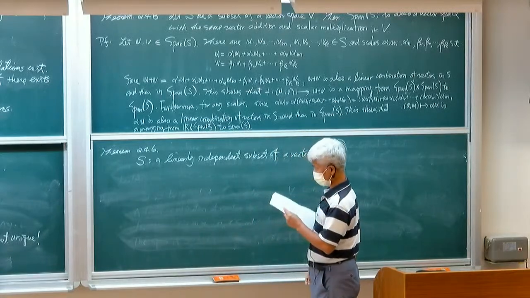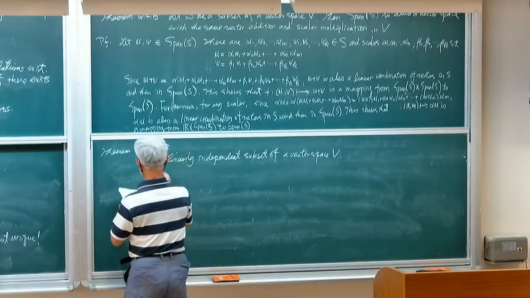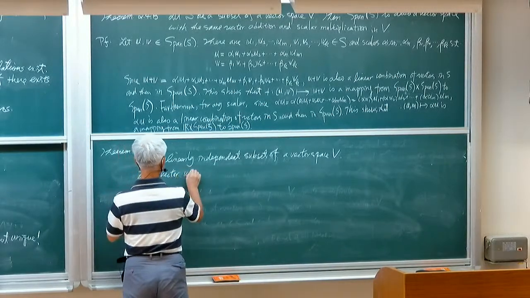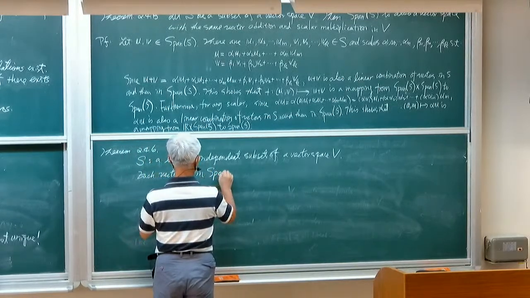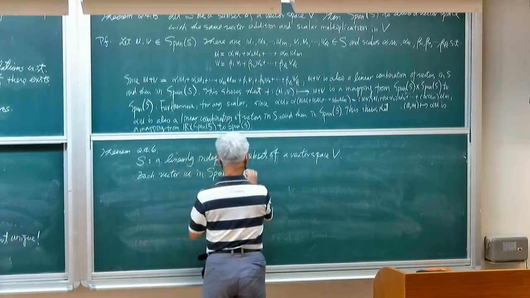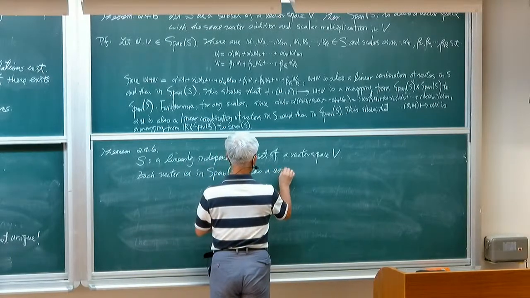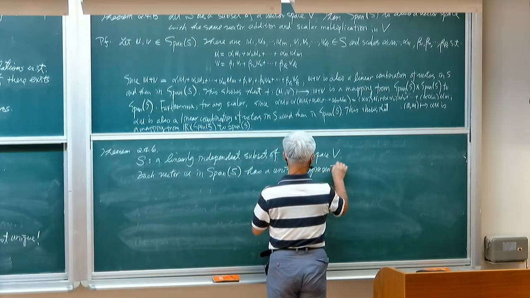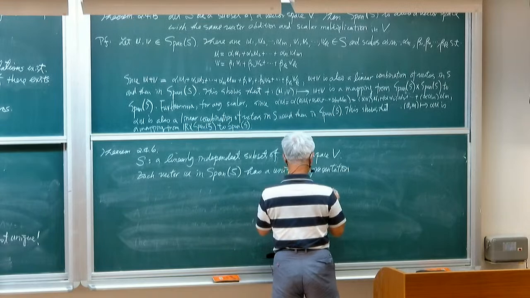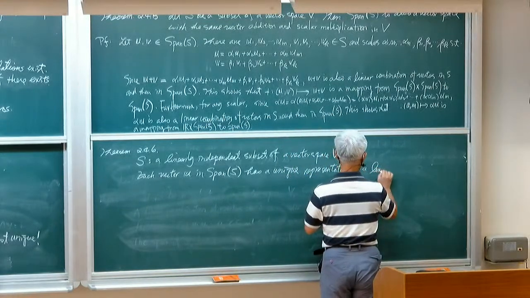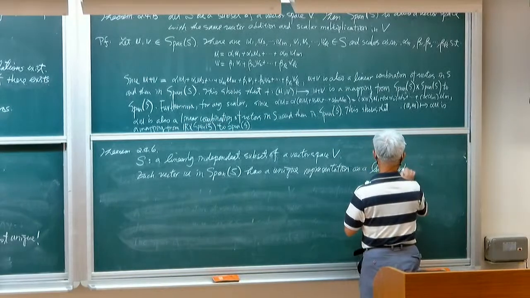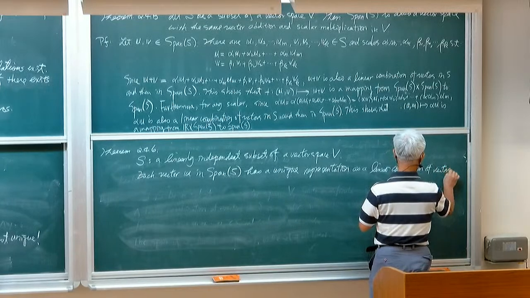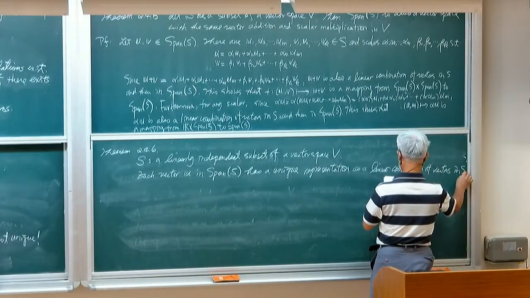Then each vector U in the span of S has a unique representation as a linear combination of vectors in S.